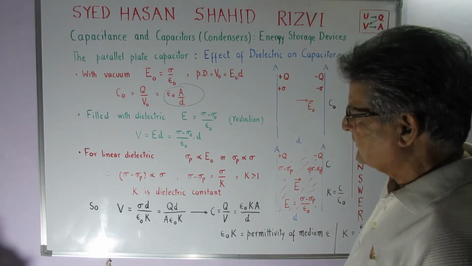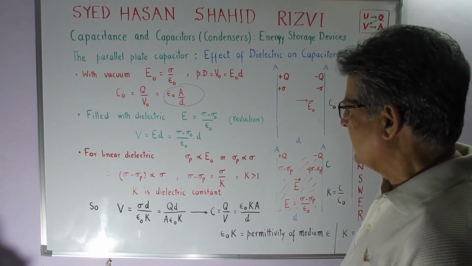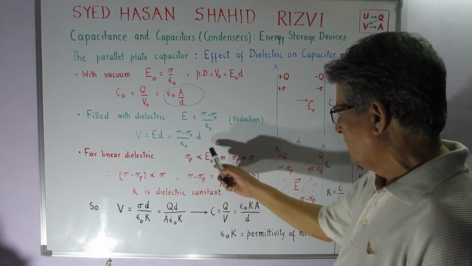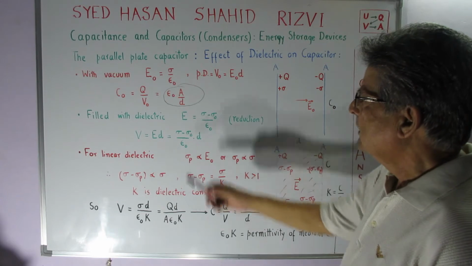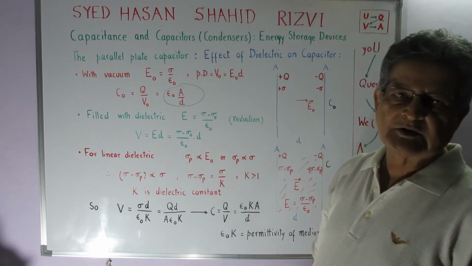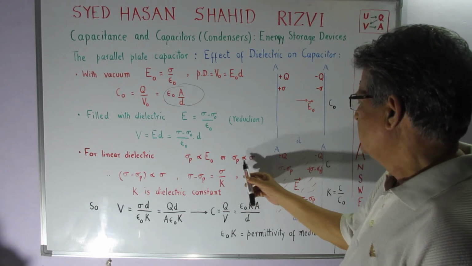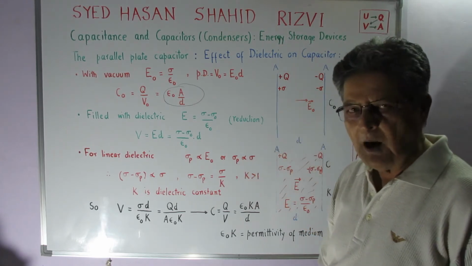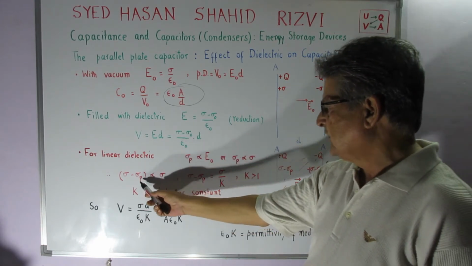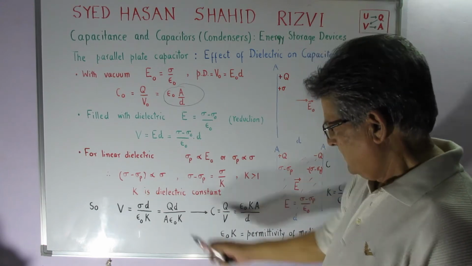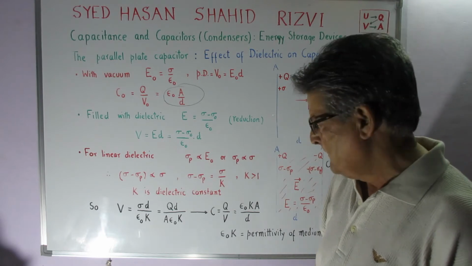Now, if we have a linear dielectric, then this sigma P, due to the polarization, is proportional to E naught, the field that exists otherwise, or this is proportional to sigma. So I can write that sigma minus sigma P, the new charge density, is proportional to sigma itself.